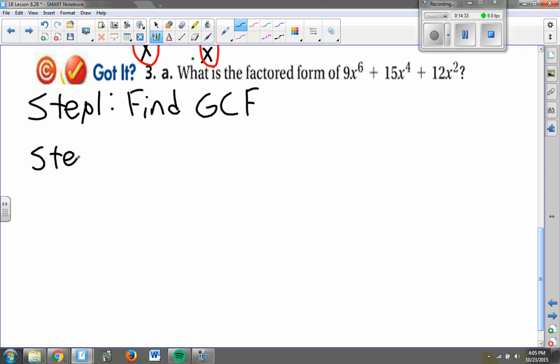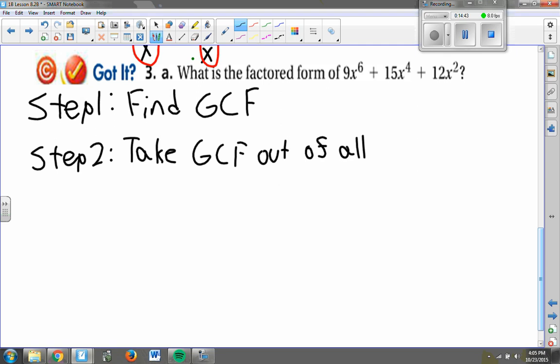Step 2, take the GCF out of all 3 pieces in this case. All right. Take it out. Take it out.